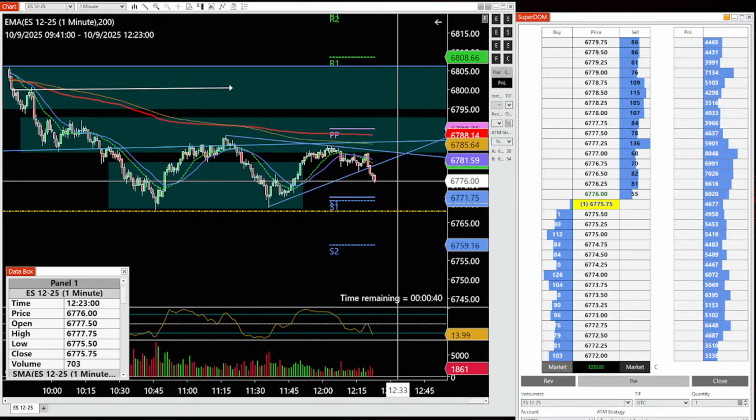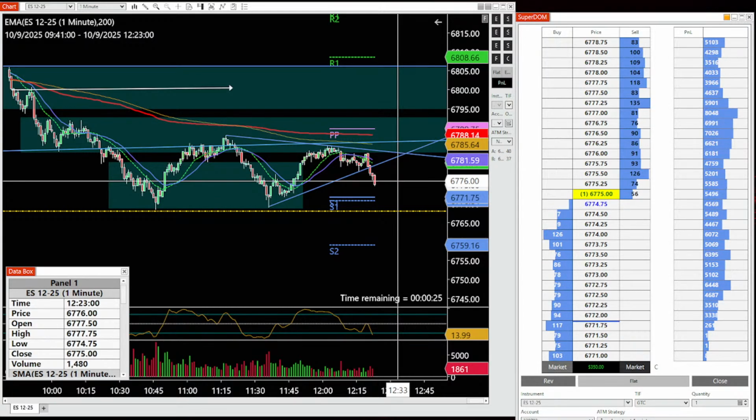May come down. I want to see the break of the 68. That's a big head and shoulders. It's not going to be an easy ride down, if it does, not easy at all.